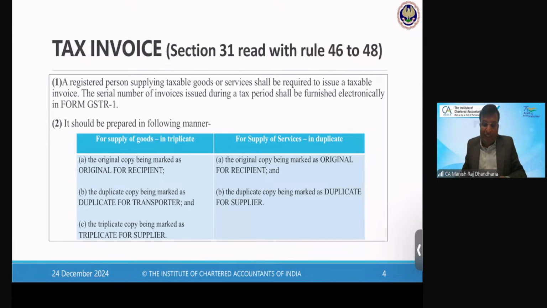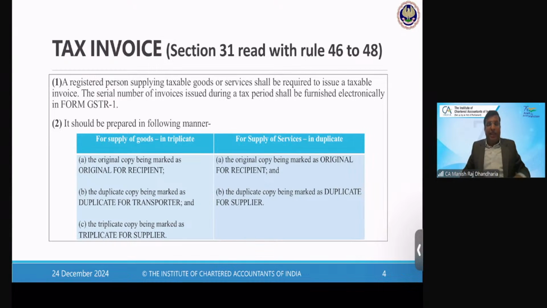One will be for the recipient and the other for the supplier. It means the supplier will retain the duplicate and the original will be given to the recipient. These are the provisions with respect to the number of copies for any supply of goods or services. I again repeat, for supply of goods, triplicate copies, and for supply of services only 2 copies are needed.